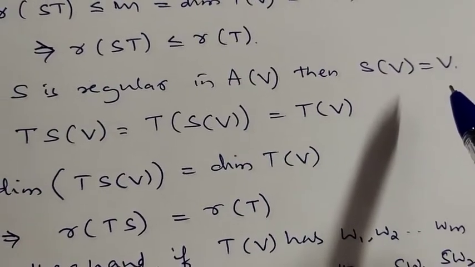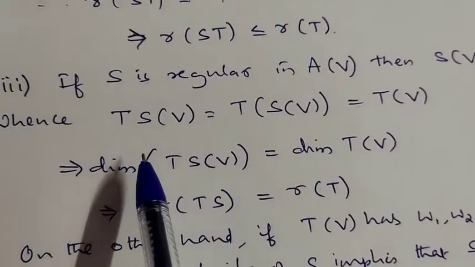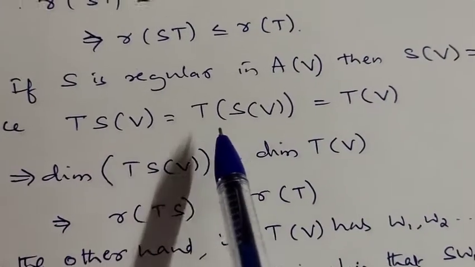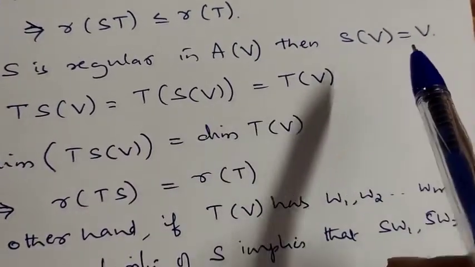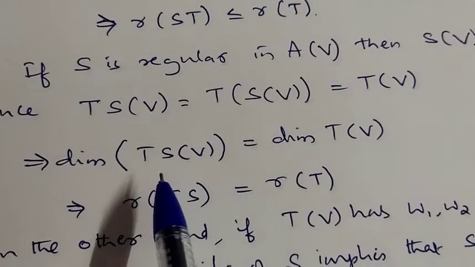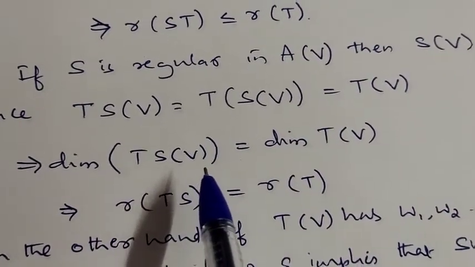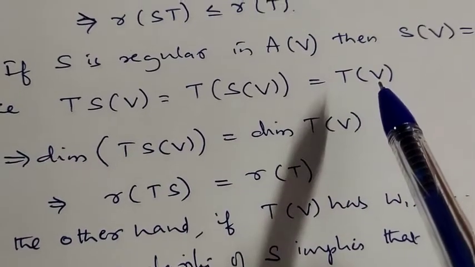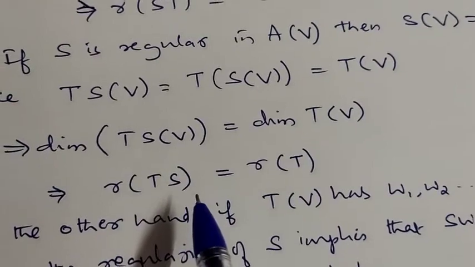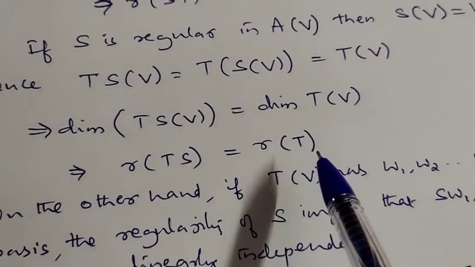Therefore T into S of V is T of S of V, and S of V is V here, so this is equal to T of V. This implies dimension of T into S of V is equal to dimension of T of V. So rank of T into S is equal to rank of T.